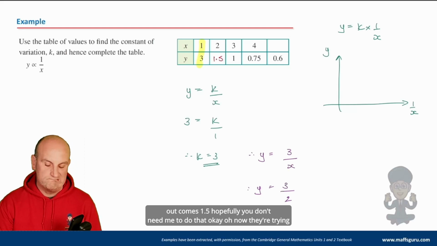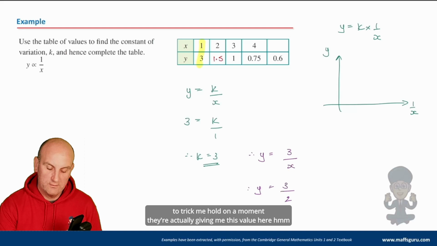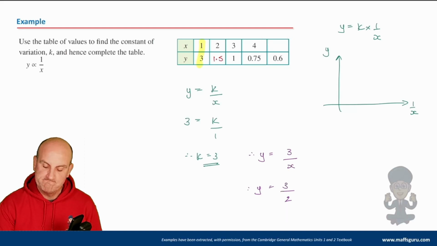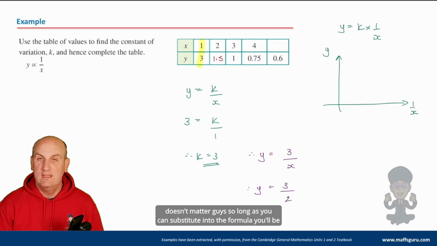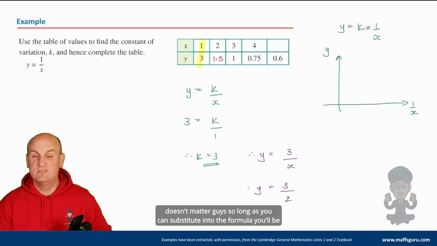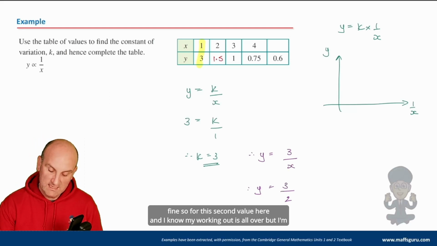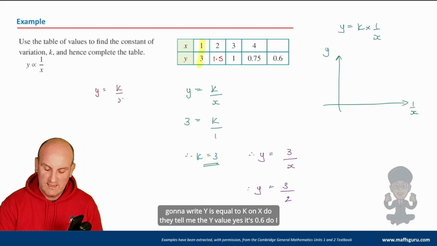Okay. Oh, now they're trying to trick me. Hold on a moment. They're actually giving me this value here. Or rather, they want me to find this value here. And they've given me the y value. Doesn't matter, guys. So long as you can substitute into the formula, you'll be fine. So for this second value here, and I know my working out is all over, but I'm going to write y is equal to k on x.